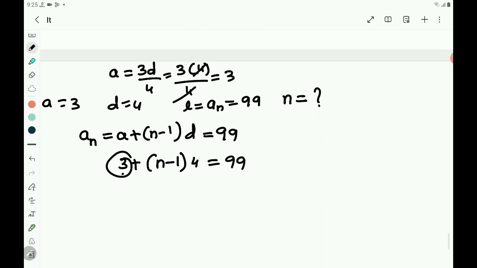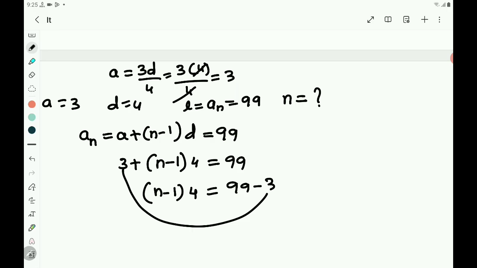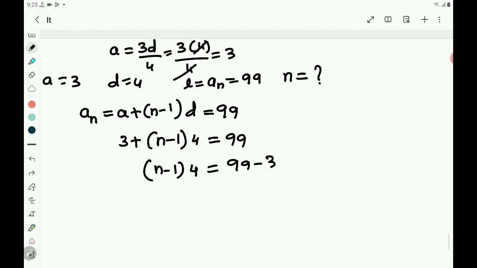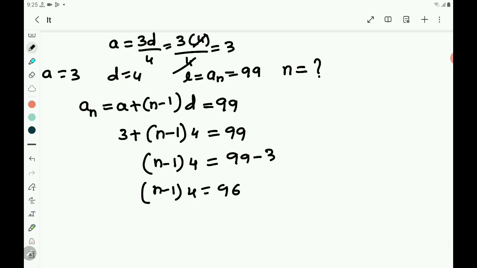Then you transfer this 3 to the RHS, write n minus 1 into 4 in the LHS, equals 99 minus 3. After transferring this to the RHS, it becomes 99 minus 3. Then n minus 1 into 4 equals 96.